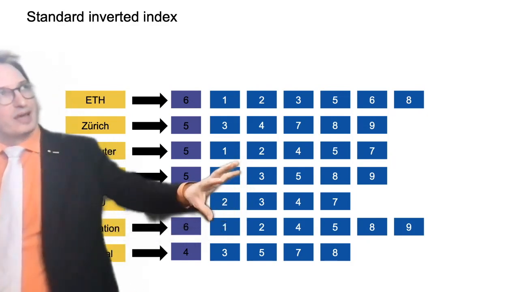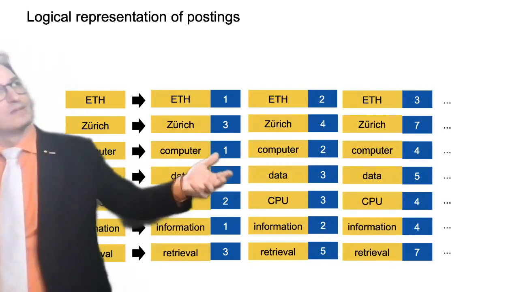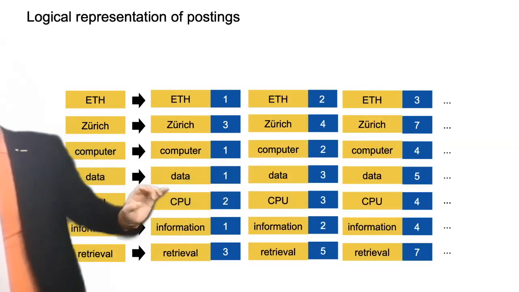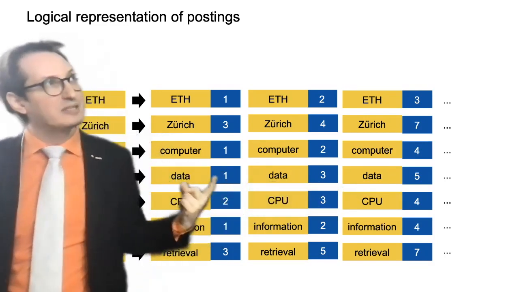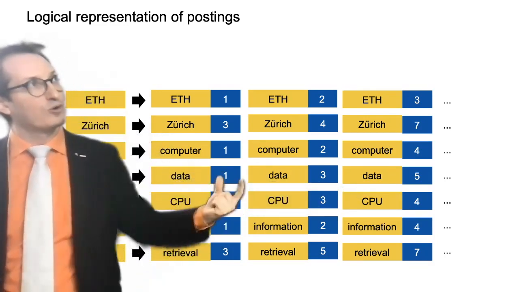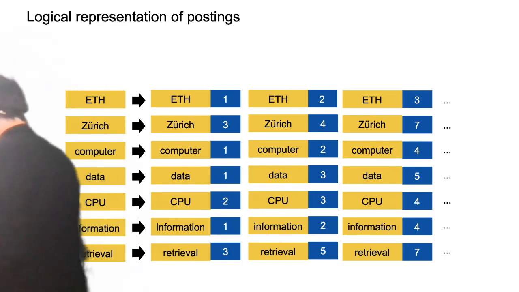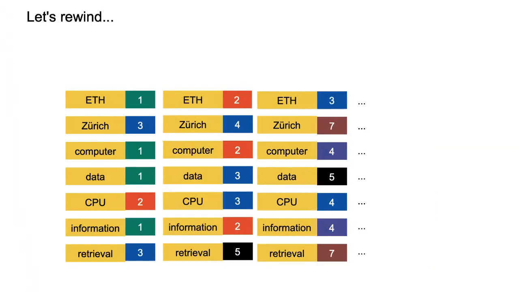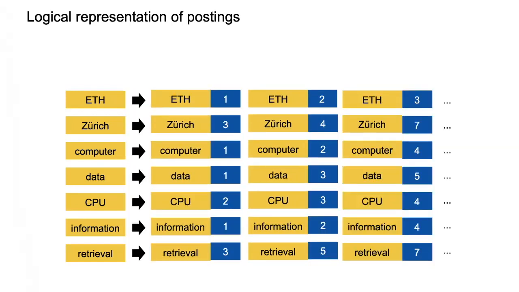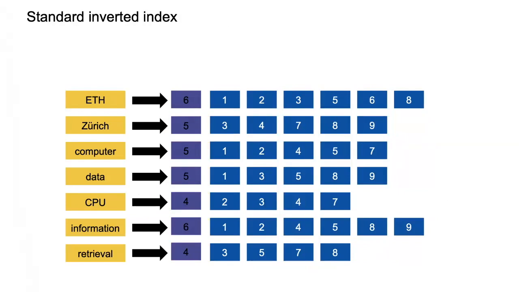So now if we make these explicit and add back the term to every document ID, then these are the postings. These are pairs of one term, one document. But you see here that we don't have the term ID. We have the full term and the document ID. So now this is the logical representation of the same thing. That's the standard inverted index.